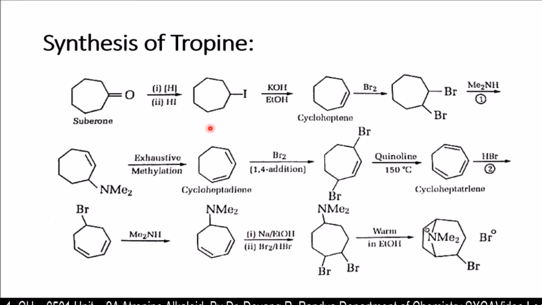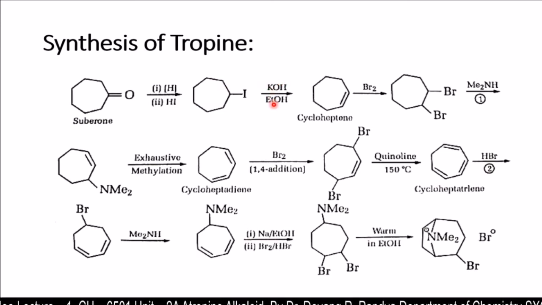This is the reaction. Suberone on reduction followed by treatment with hydroiodic acid will give this iodide derivative. Then it is treated with alcoholic KOH to give cycloheptene. Cycloheptene treated with bromine gives the dibromo derivative.